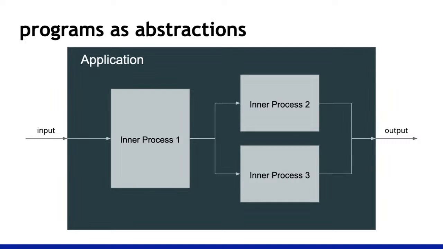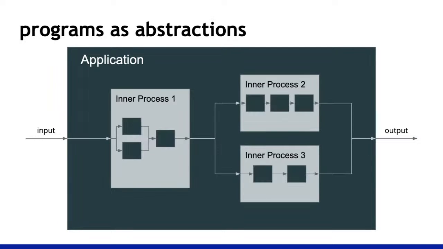But then we can go even deeper into each of these inner processes, and continue to break down these components, and you would technically stop at a fundamental level. That fundamental level is defined by yourself. Most people would probably see it as a single line of code. Let's say a plus equals 2 is a pretty fundamental level.